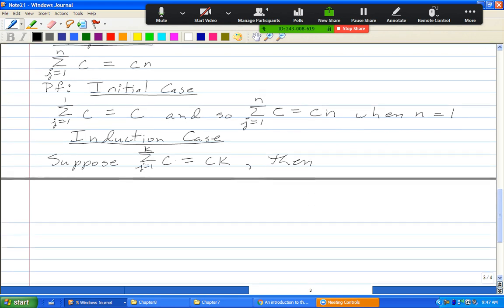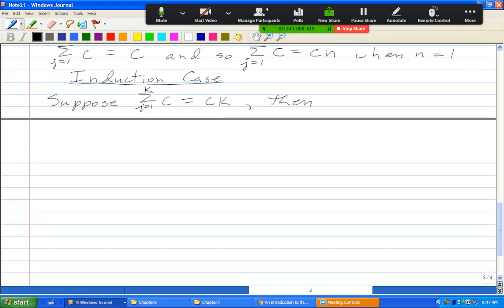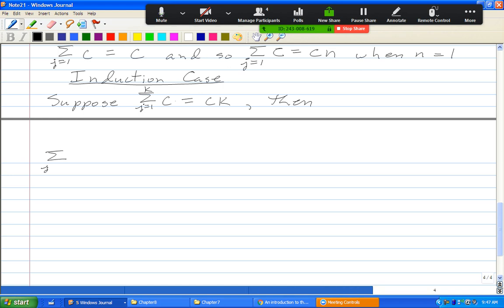Then we want to show that it's true for the k plus first. So the sum j equaling 1 to k plus 1 of c, by definition, is just the sum j equaling 1 to k of c plus c.